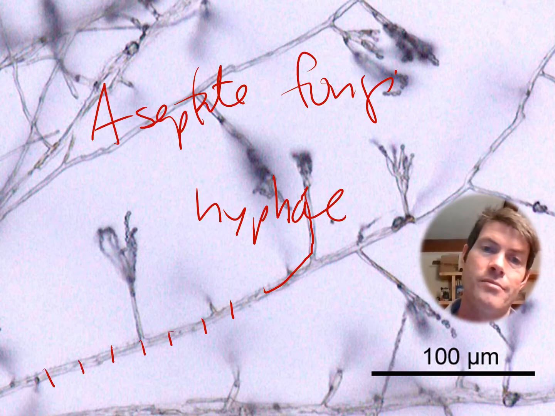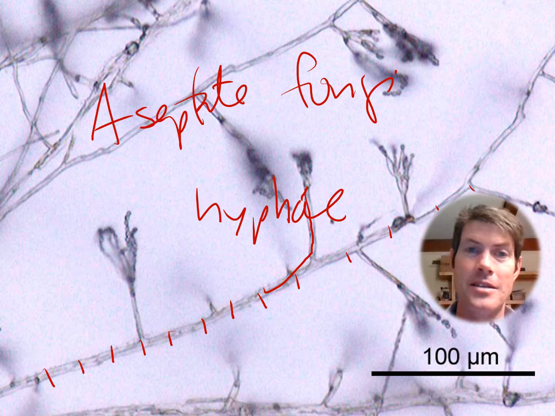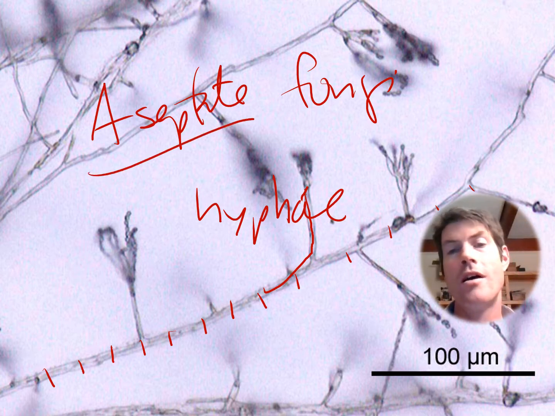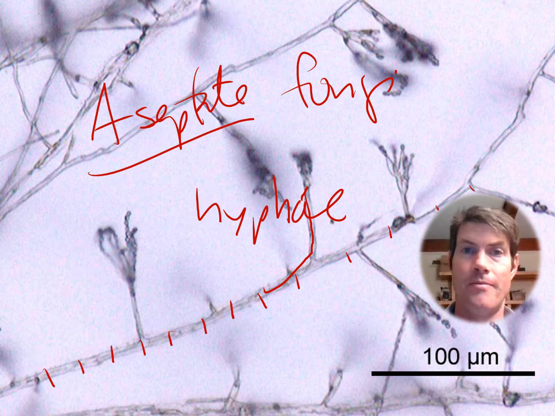So basically little divisions between sections. Well, guess what? Aseptate means no septa. This is all one long big cell. One uninterrupted tube. And that's what makes it unique.